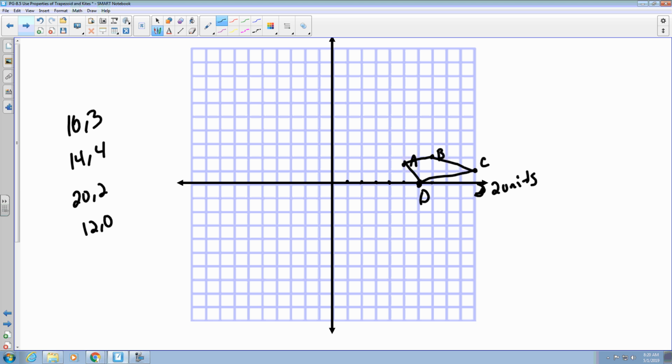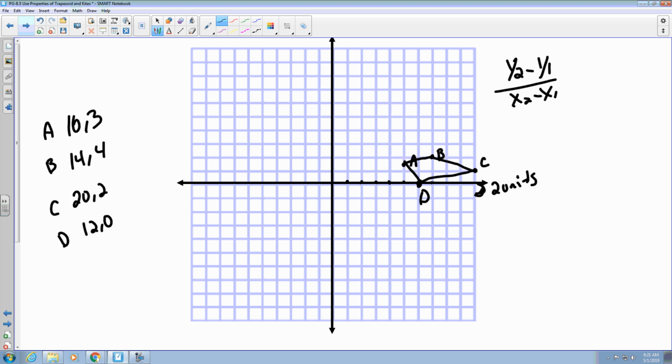But what we're going to do first is look at the slope of AB and CD. I'm just going to use the slope formula, y2 minus y1 over x2 minus x1.